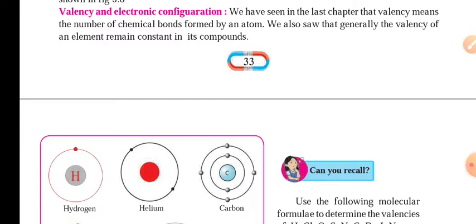And today we are going to see class 8 science chapter number 5, Inside the Atom, and this is the third session we are in. Two sessions we have already completed.